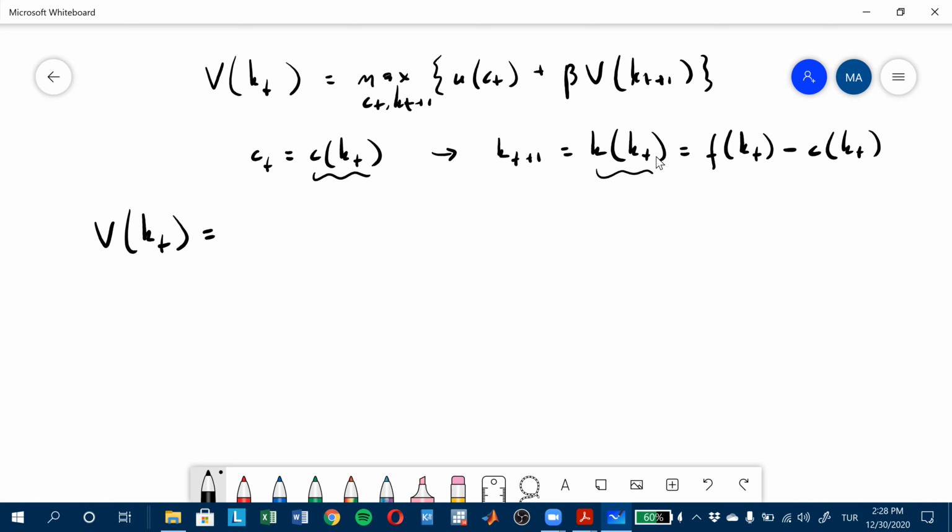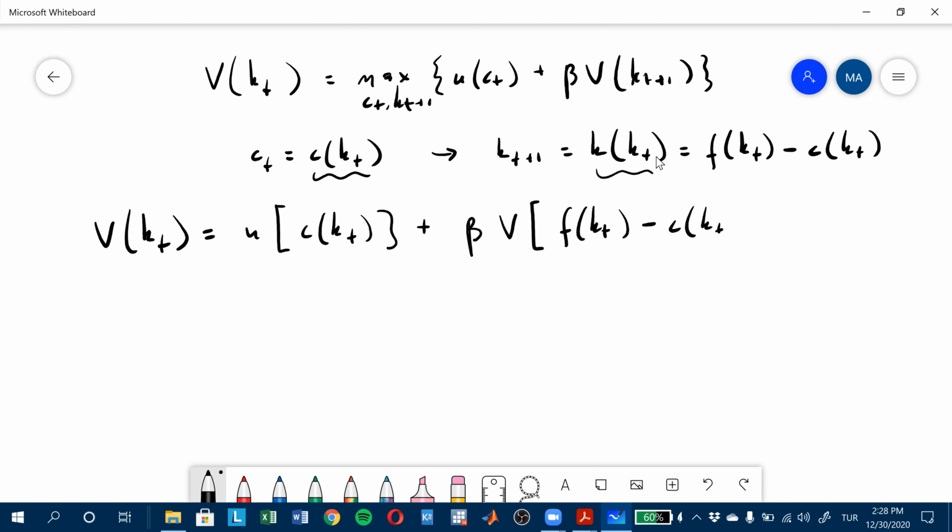Since this is now maximizing, I'm going to write the maximized version, and KT plus 1 must be equal to F(KT) minus C(KT).